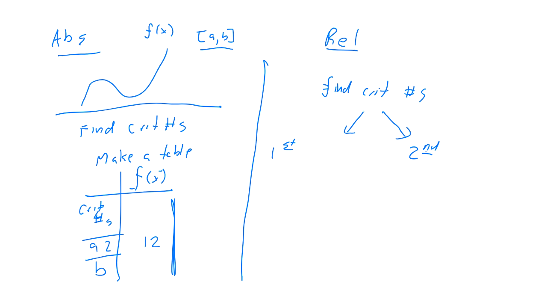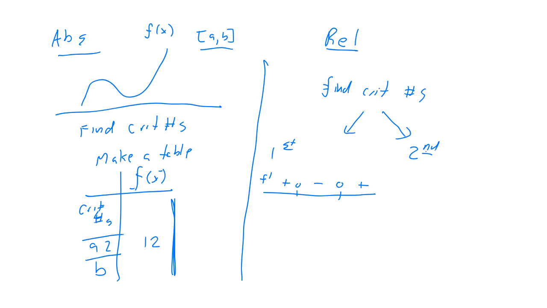The first derivative test involves writing a number line for f prime, where you put all your critical numbers on here, and then you test the intervals to see whether the derivative is positive or negative on each interval. So for example, I'm saying the derivative is positive, then negative, then positive.